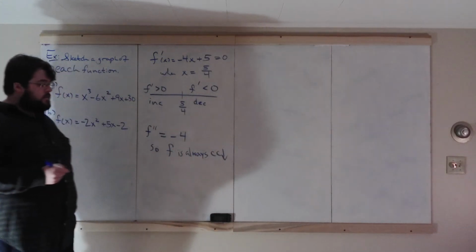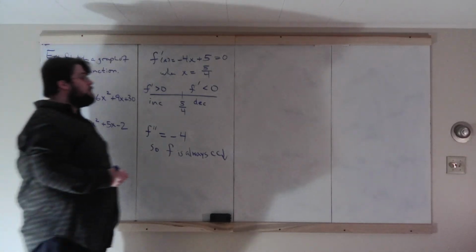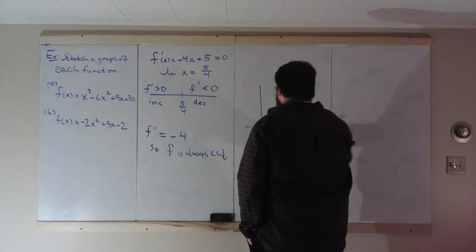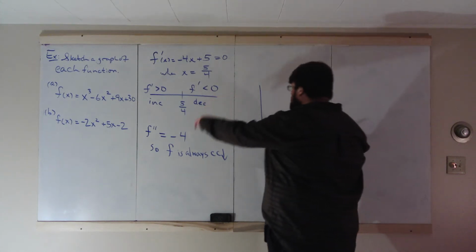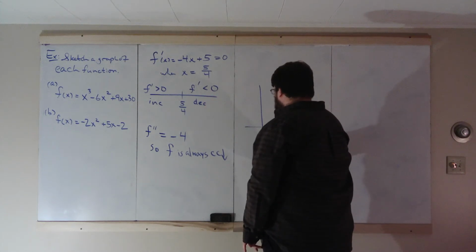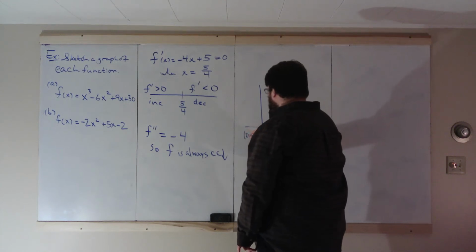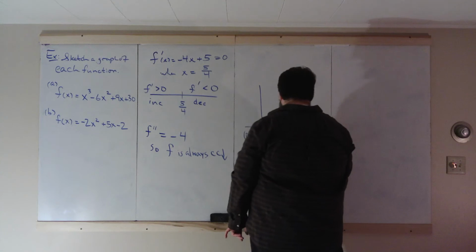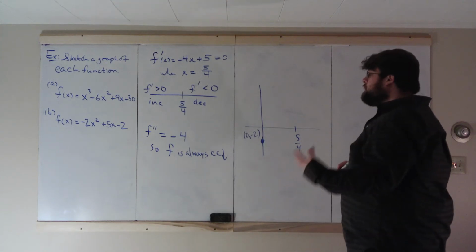This tells us f is always concave down. Well, now we just have to piece together a graph. Let's find the y-intercept, negative 2. So I'll mark that like this. Let's mark off the relevant point, 5/4, and then piece together the graph.